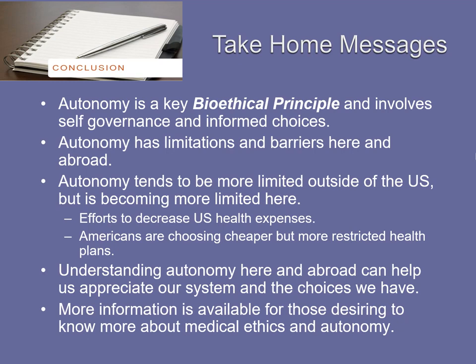The barriers often, however, tie back to the payer. Here, the payer many times are private insurance companies. Abroad, particularly with single payer systems, they're either the government or a branch of the government or an agency that oversees or is charged with financing and administering healthcare. Autonomy tends to be more limited outside of the United States.